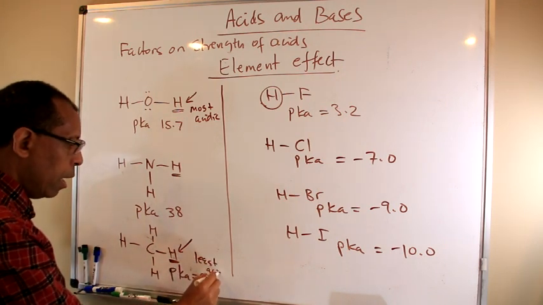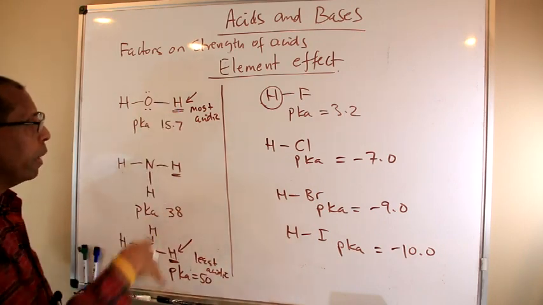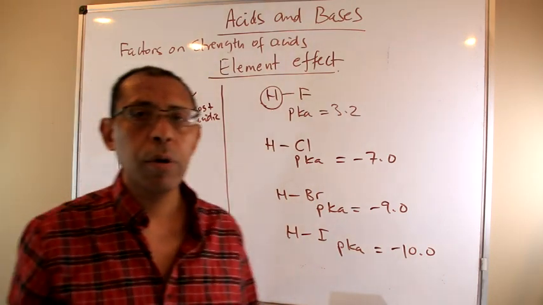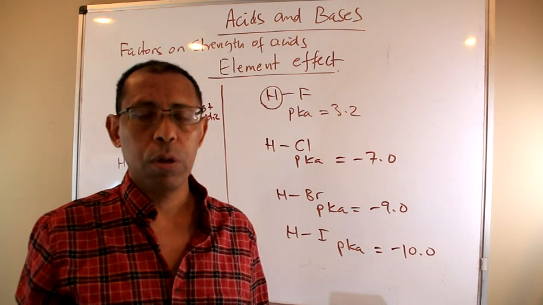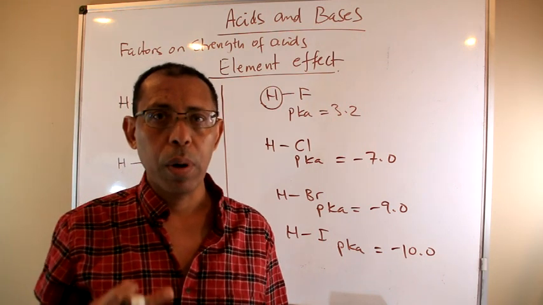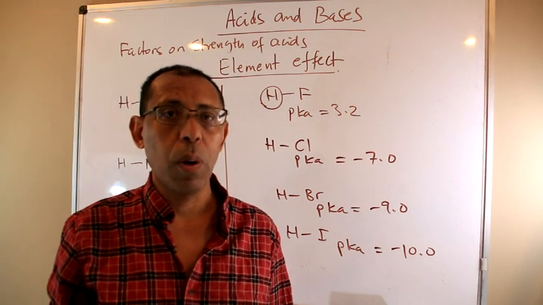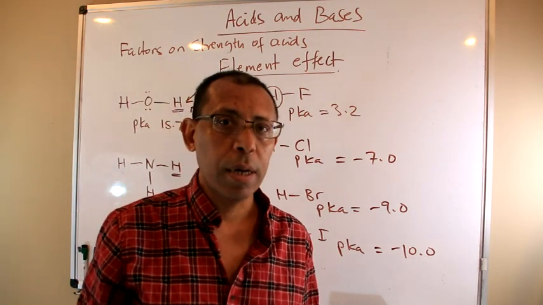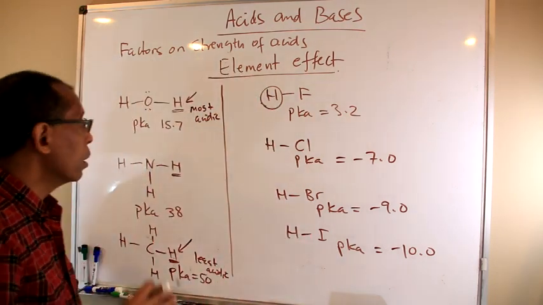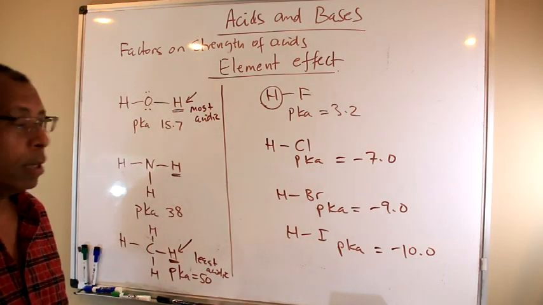So when you say an element effect, it means that the hydrogen is attached to whether it is a more electronegative atom or a more electropositive atom. Based on that evaluation, you can decide whether that compound is acidic or not.